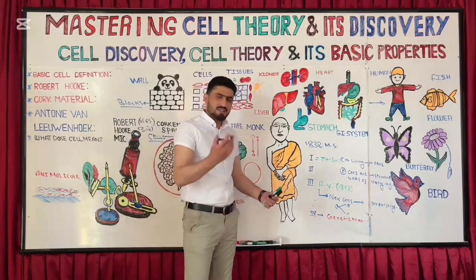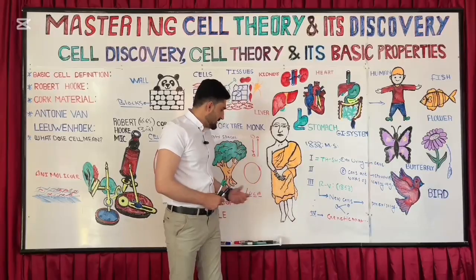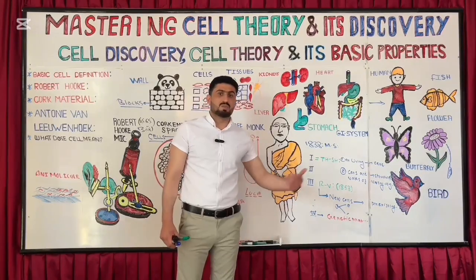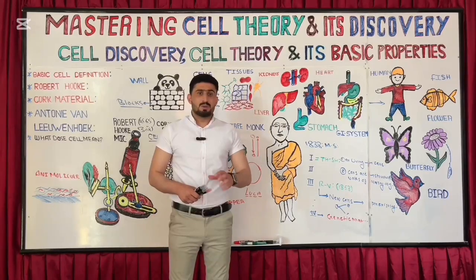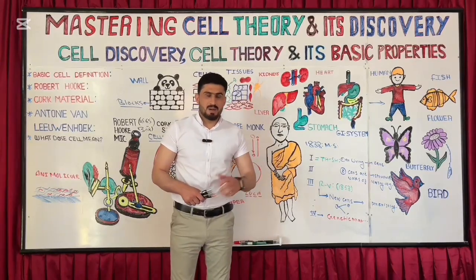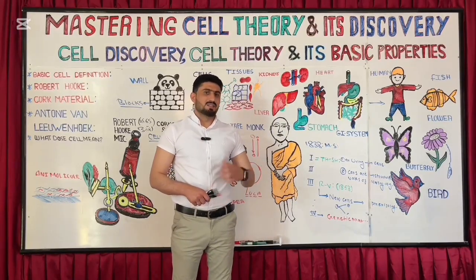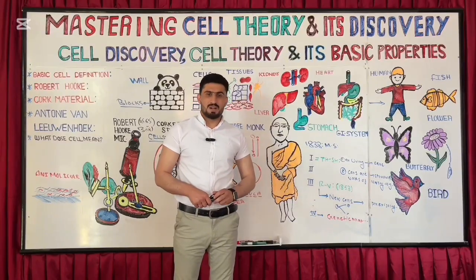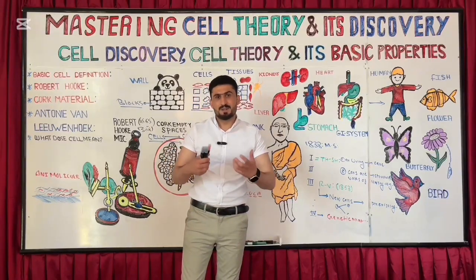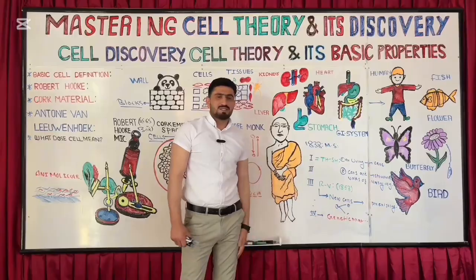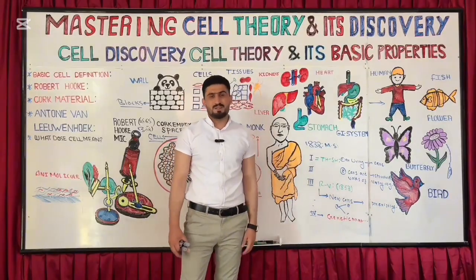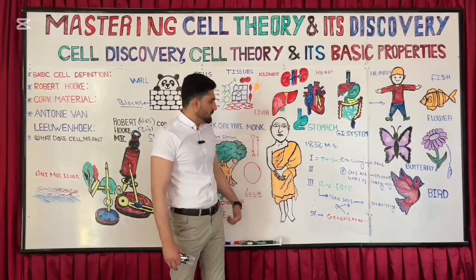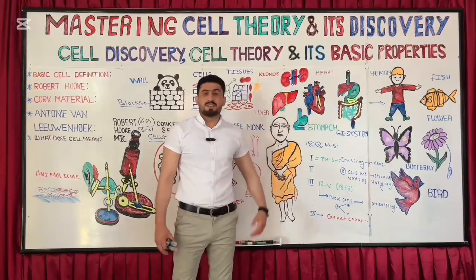Okay, this is only an idea that there was a cell, and it changed to many types of living organisms. And they do chemical reactions, and they use the chemical reactions for different purposes. And another property of the cells is that they have the capability of reproducing themselves. We will explain it under cell division.